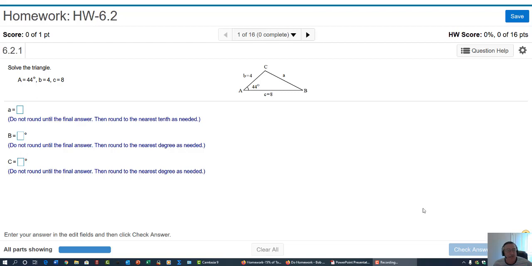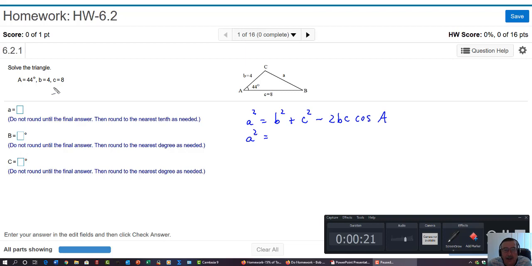For example one, just going into the homework, notice this oblique triangle. It looks like it's a side angle side as we mentioned before. It says solve the triangle given angle A is 44 degrees, side B is 4, and side C is 8.